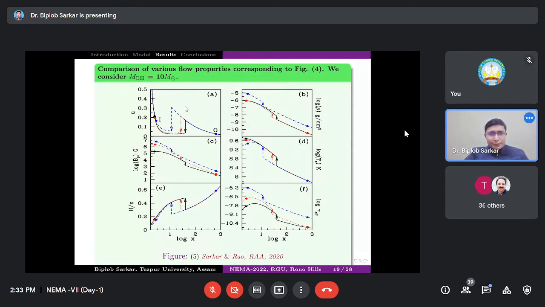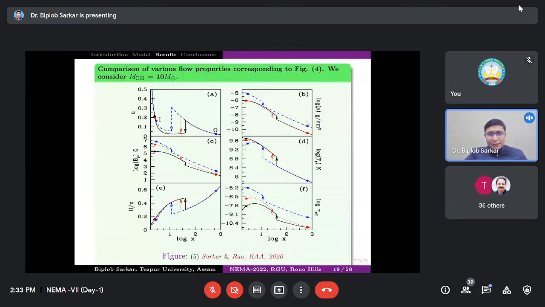Figure A shows the variation of the flow radial velocity as a function of radial coordinate, then the density of the flow, then the magnetic field strength, then the electron temperature profile, then the disk aspect ratio, and the effective optical depth in the accretion flow for the three cases shown here. We have presented them here.